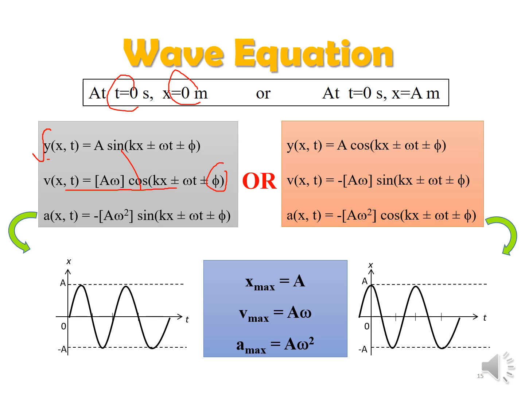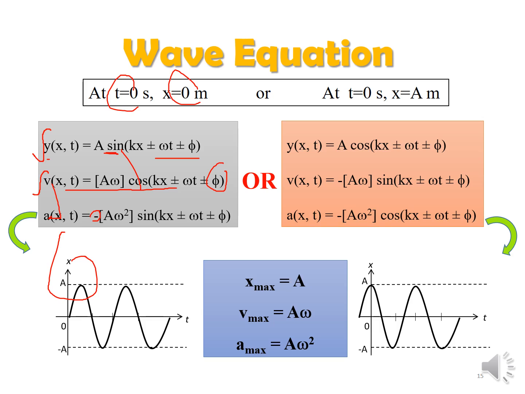We need to put the psi here because this is the general equation. If the question asks for the acceleration, we differentiate v. Cos gives a negative sign, so we get negative A omega squared sine kx plus or minus omega t plus or minus psi.